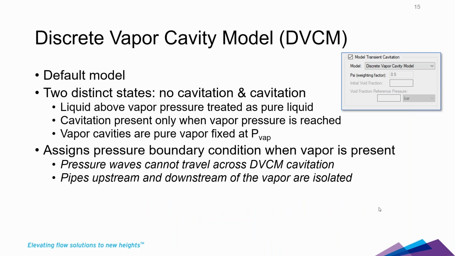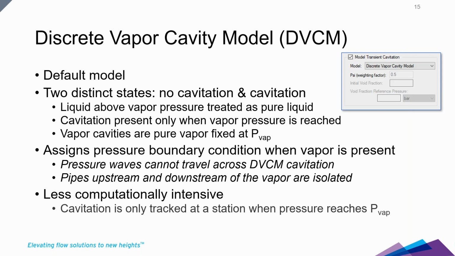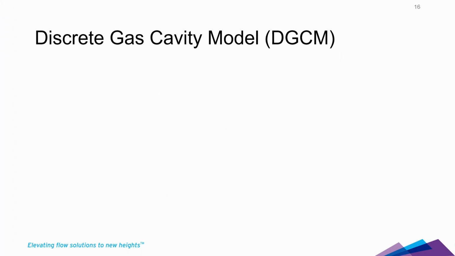This can cause some major issues and some really significant noise with the vapor cavity model, as we will see. This is not very computationally intensive. It runs a little bit faster, but it can cause some major noise. And again, that's because the cavitation is only tracked at a pipe station.